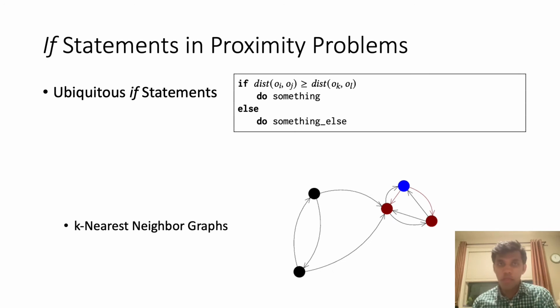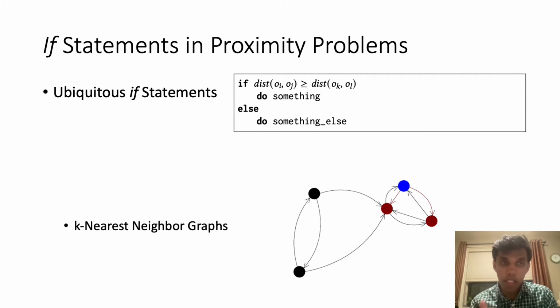Thus, our overall aim in this work is to reduce the total number of expensive distance calls at the expense of local computation. For this purpose, we took a very close look at the proximity problem solutions to evaluate the origin of the expensive distance calls.